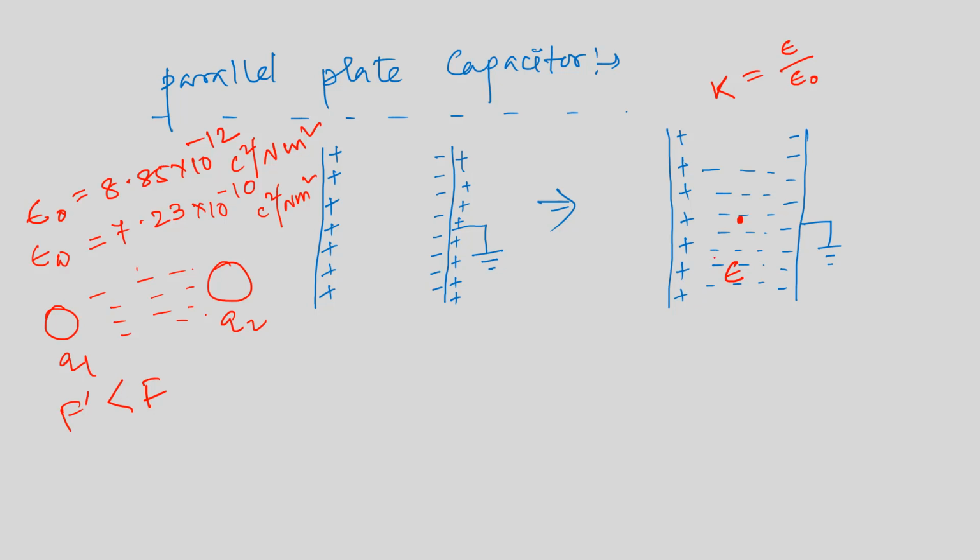There you have studied the value of electric field due to a line charge. For the positive charge, the electric field should obviously be in this direction, so we can say this is E plus. For the negative charge, the electric field will be in the same direction and it will be E minus.